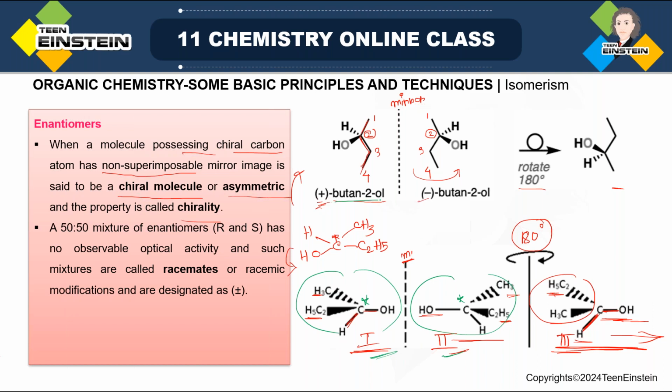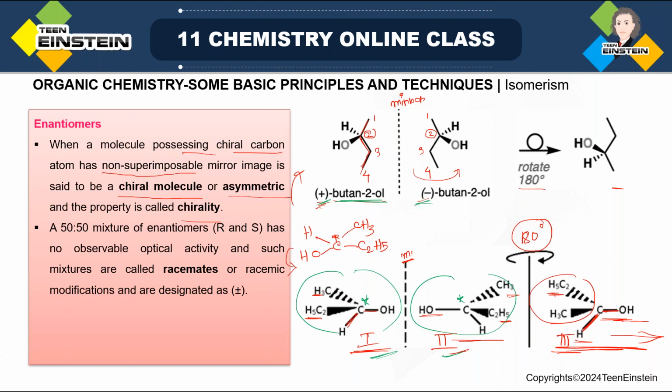So see here the nomenclature, we have written butan-2-ol, but we have not written R or S. We have written something else, plus sign, minus sign. But you can also write R and S, and how to understand which enantiomer is R and which one is S, we'll come to that, the rules to decide R and S nomenclature, later.